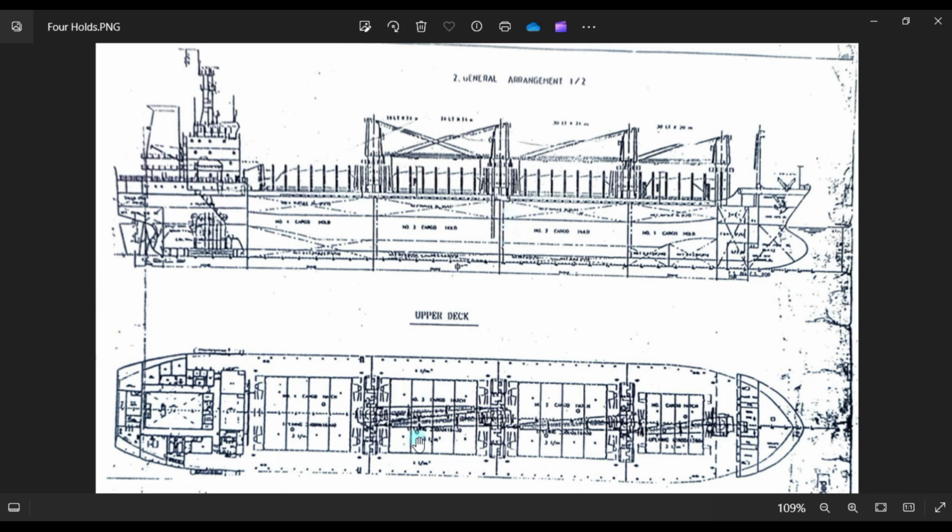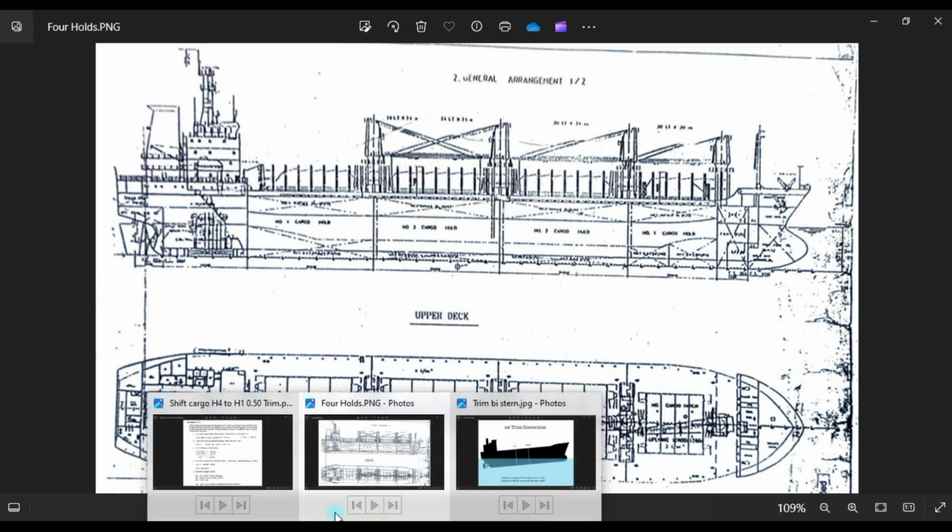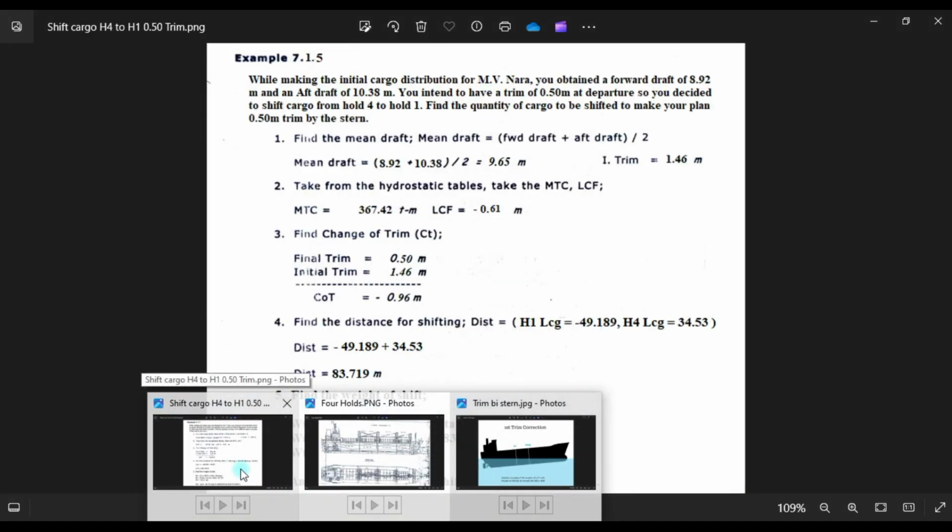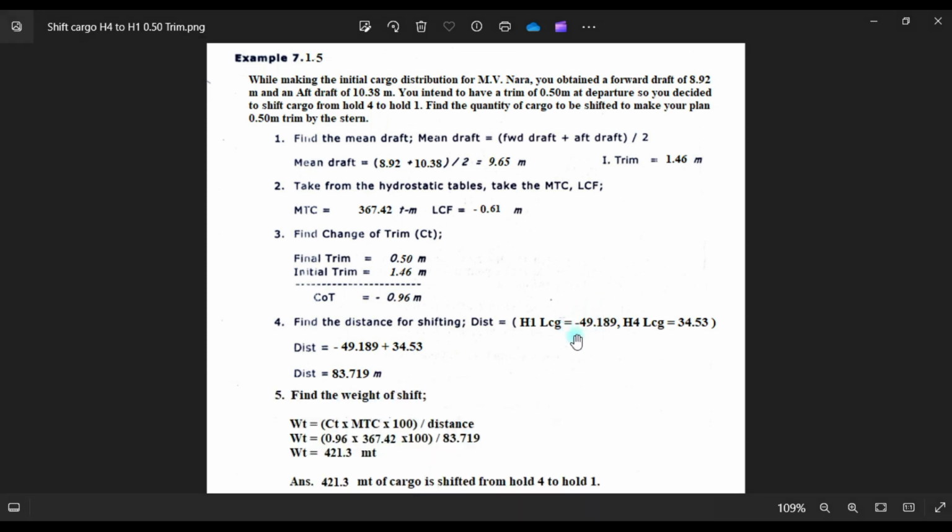And forward, or hold number 1, will be negative 49.189. This one is hold number 1 and this is hold number 2. Hold number 4. This is negative 49.189. Okay?